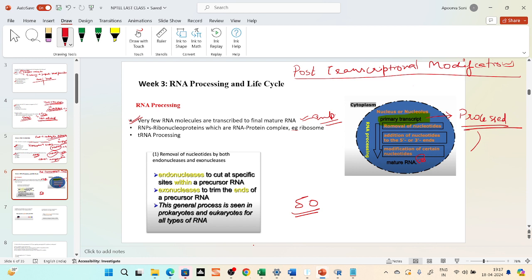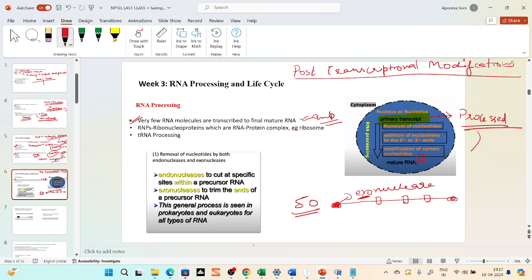First is removal of nucleotides by both endonucleases and exonucleases. If this is your primary transcript, some nucleotides are removed from the ends, and some nucleotides are removed in between the RNA. The nucleotides removed from the ends, from the exterior, are removed by exonucleases; EX for exterior, EX for exo.